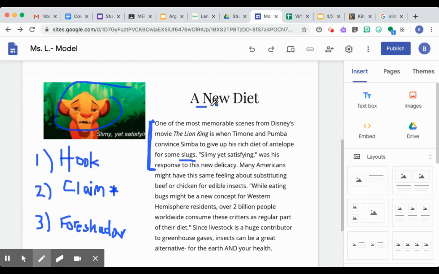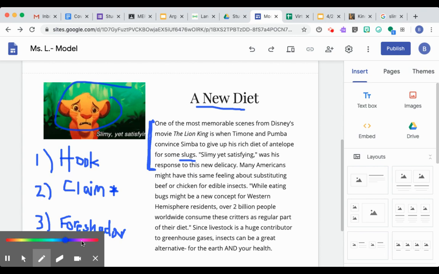My subtitle here, A New Diet, is foreshadowing that hopefully we're going to transition into doing more with insects versus eating beef all the time. One of the most memorable scenes from Disney's movie, The Lion King, is when Timon and Pumbaa convince Simba to give up his rich diet of antelope for some slugs. Slimy yet satisfying, as you see here in the picture, was his response to this new delicacy.